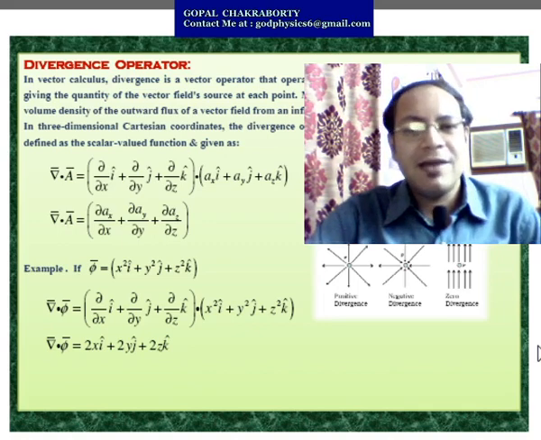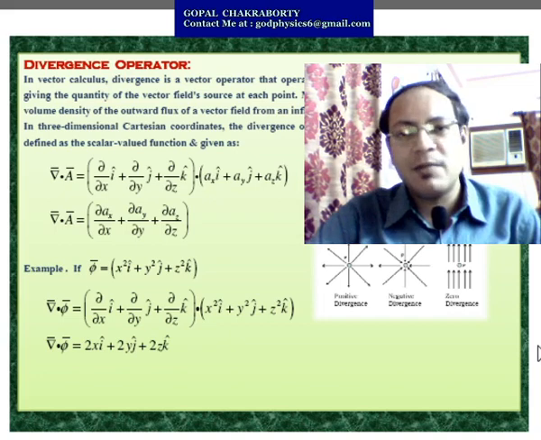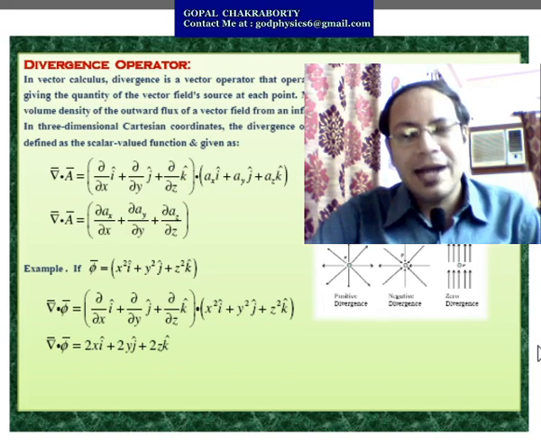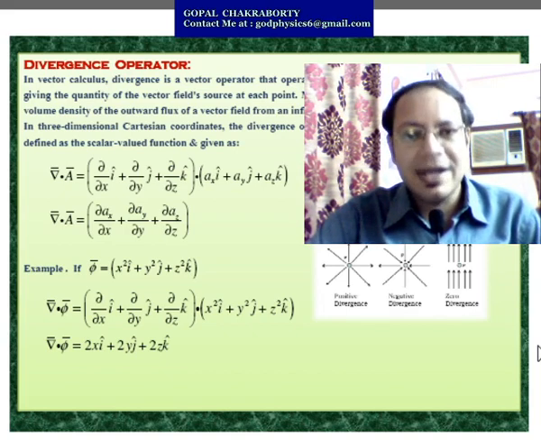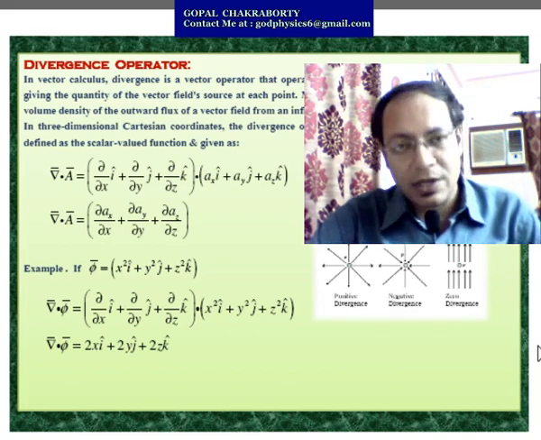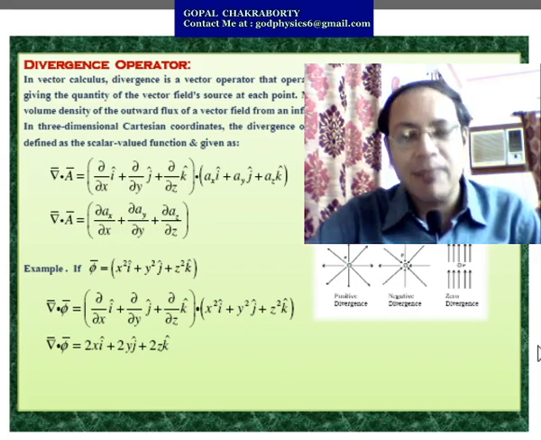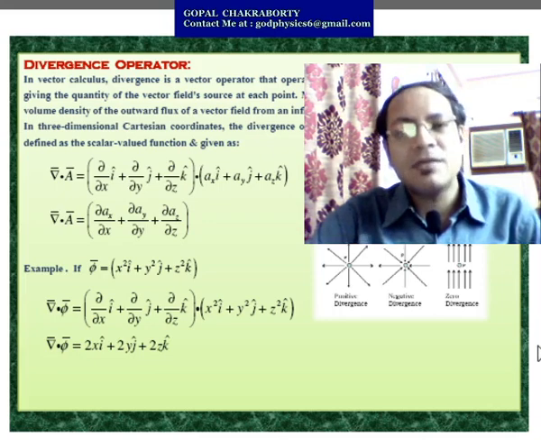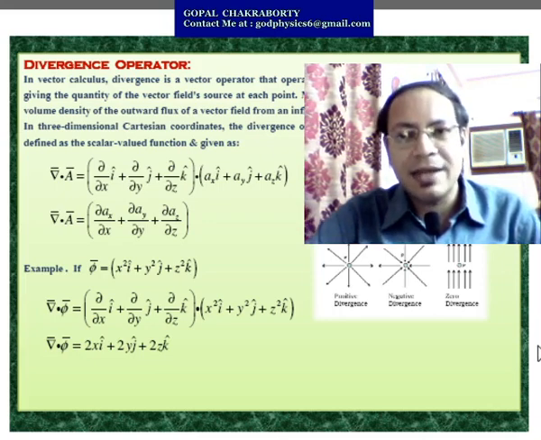Now if I operate the vector differential operator del with a dot product, which makes it a divergence operator, so del dot phi is equal to del x i cap plus del y j cap plus del z k cap dot with x square i cap plus y square j cap plus z square k cap.